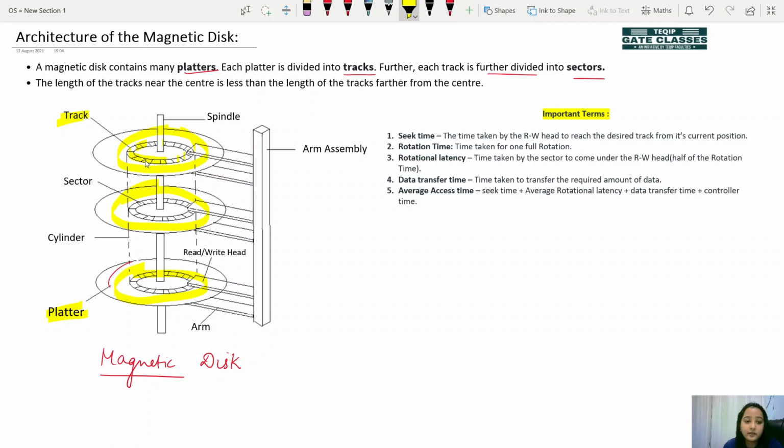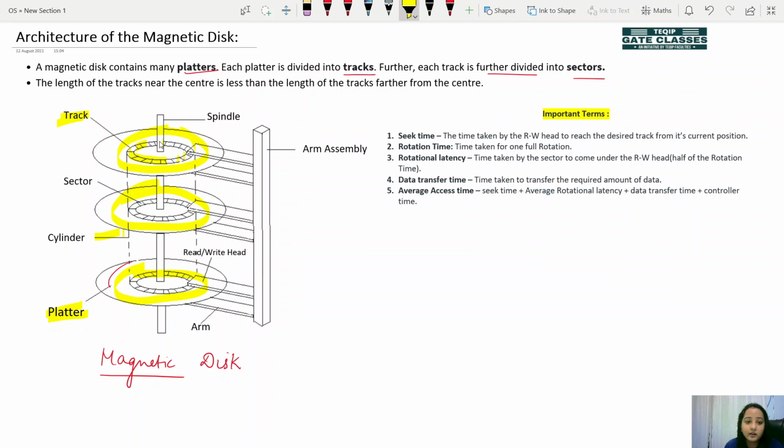Okay, and this forms the cylinder, right? When you see multiple platters, how are they organized? They are organized in the form of a cylinder, one above the other. Okay, and the tracks will be divided into sectors.